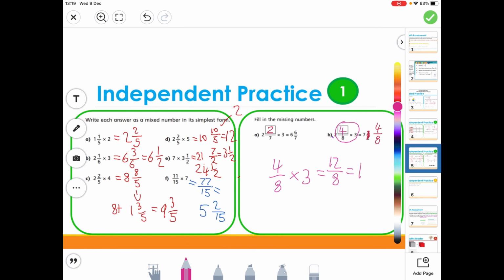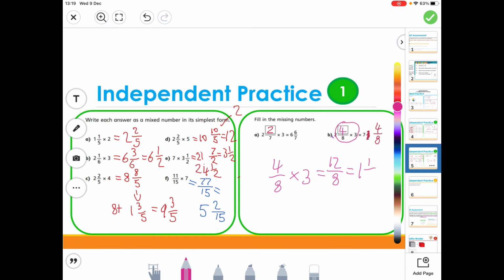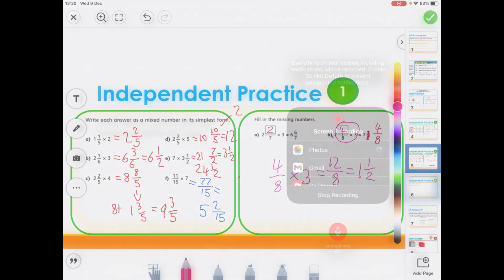That's the same as 1.5. So I've got 2 times 3 of my whole numbers equals 6. 4 over 8 times 3 equals 1.5, and that will together make 7.5. So it's 4/8 is our answer.